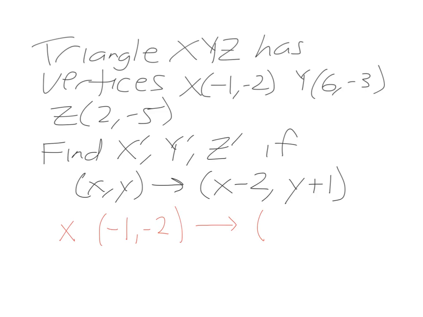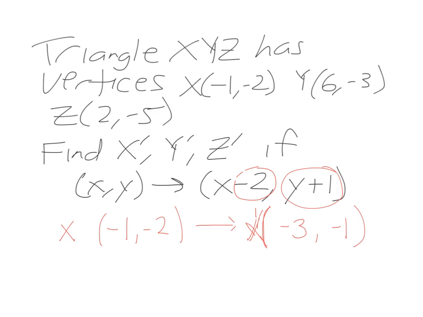This is the original, so that's X. And this over here, back to my pen, this is X prime over here. Okay, we'll keep going. So -1, I'm going to take away this 2 right here. -1 minus 2 is -3, and -2 plus 1 is -1.